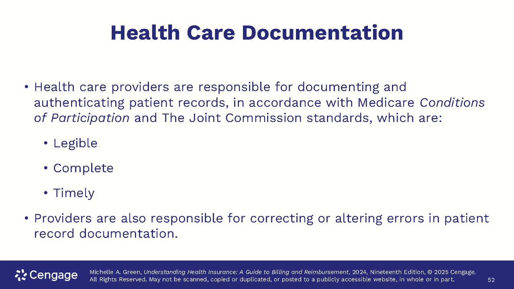I will tell you that on top of the Joint Commission standards, which are also connected to the Medicare conditions of participation, AHIMA has standards, the 7 principles of high quality documentation.